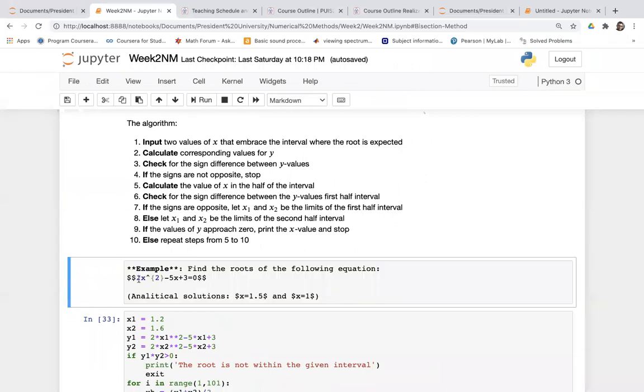So x cubic plus 4x squared minus 10 equals 0. We don't have an analytical solution here. We do not know it yet.